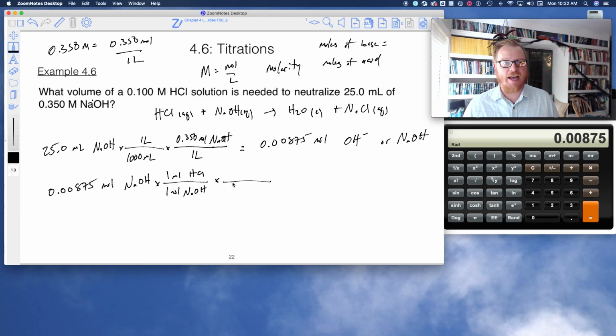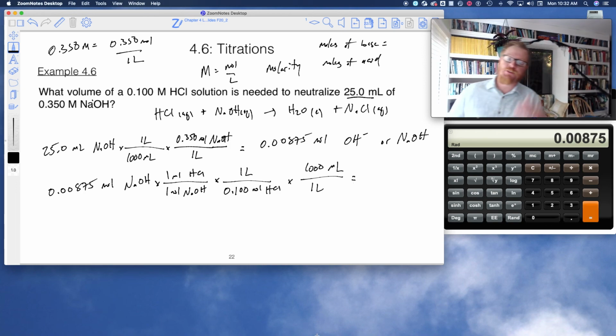So now this has to be 0.100 mole of HCl in 1 liter of HCl. The problem asked me for what volume, so I could leave it in liters if I want. But they gave me 25 milliliters up here, so I think it's more reasonable to make that a milliliter so that we're comparing apples to apples.